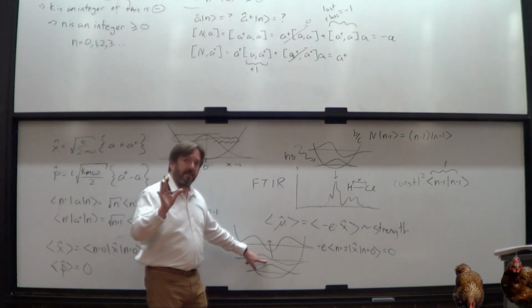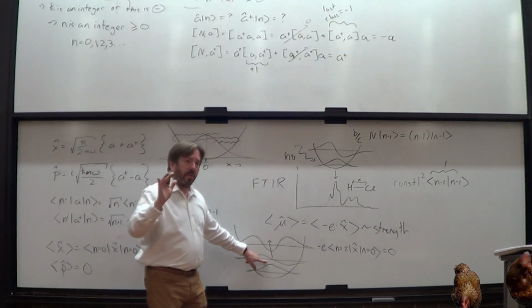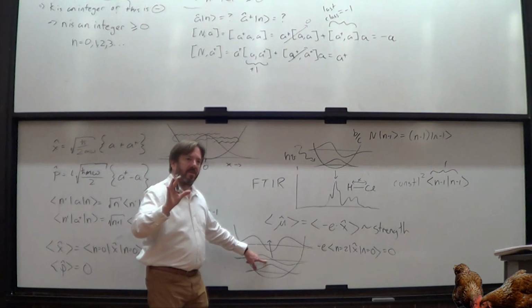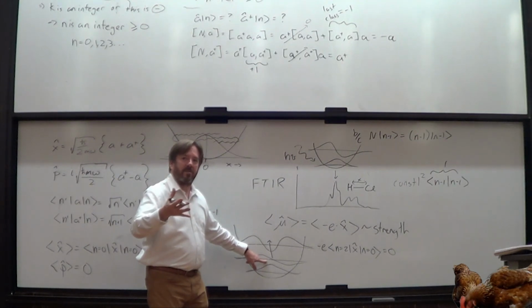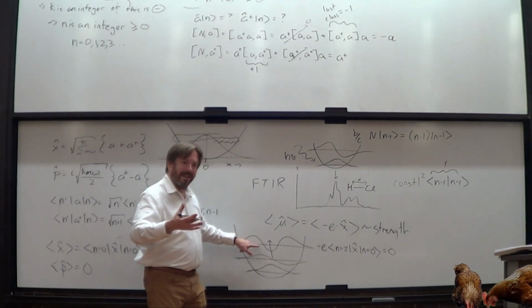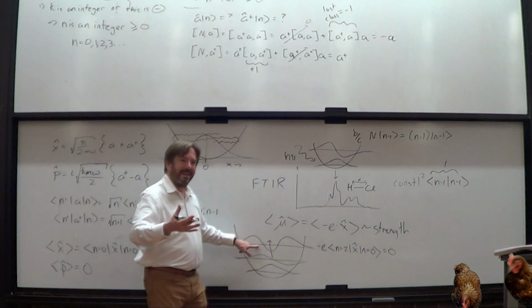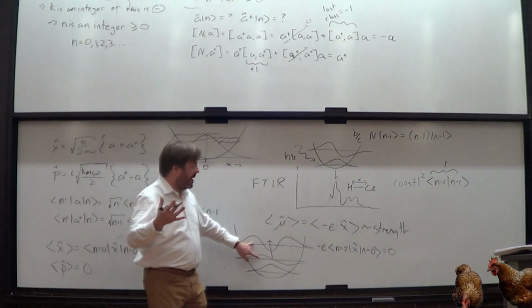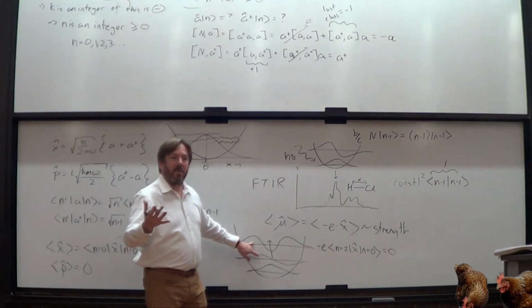You blast HCl gas with the right wavelength, and you use a laser to blast the living hell out of it. Get them all in the first excited state, and then do an infrared spectrum. And where's your absorption? From here to here, right? Now, that energy difference would technically be the same. It would appear at the same spot, right?